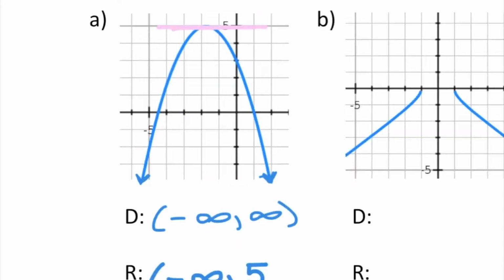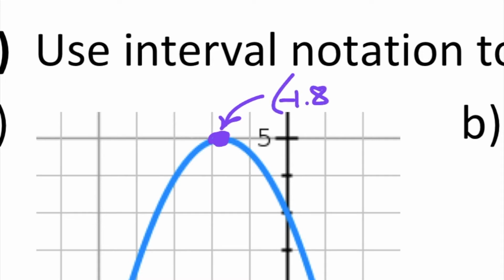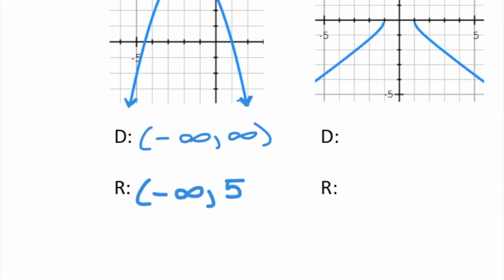And if I were to ask you what is the vertex of this function, it would be like -1.8 comma y equals 5. And so your y value is 5. And so we'll include 5. So I'm going to put a square bracket around the 5.